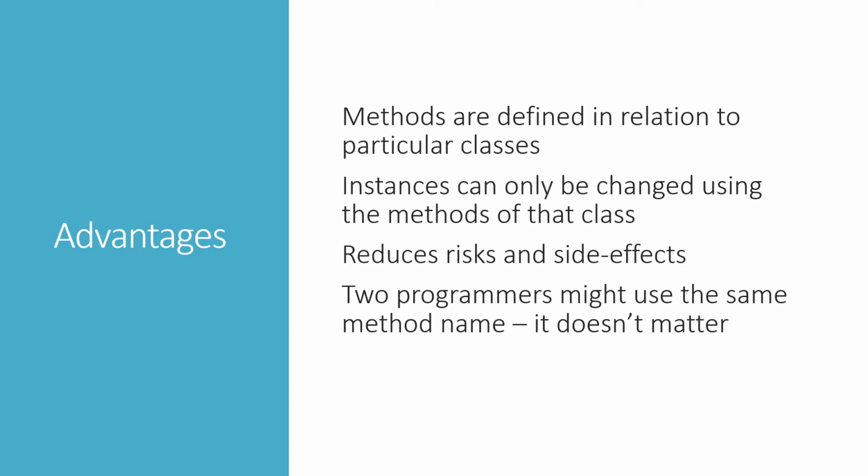They're separate from each other. This reduces risks and side effects, and it doesn't matter if two programmers in the same team accidentally use the same method name. In fact, it wouldn't even be an accident or a problem because methods are glued, if you like, to the class definition in which they're created, and they can only work on objects of that class.